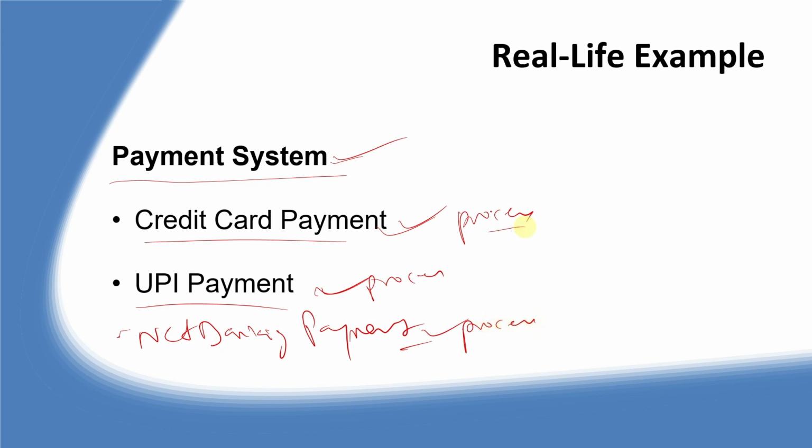What do you mean by process? The definition of this method, implementation, whatever you say. Whatever method we create, inside the method we will have a definition, an implementation. Those things will be different for all of these three, but the final output will be that payment will be done.